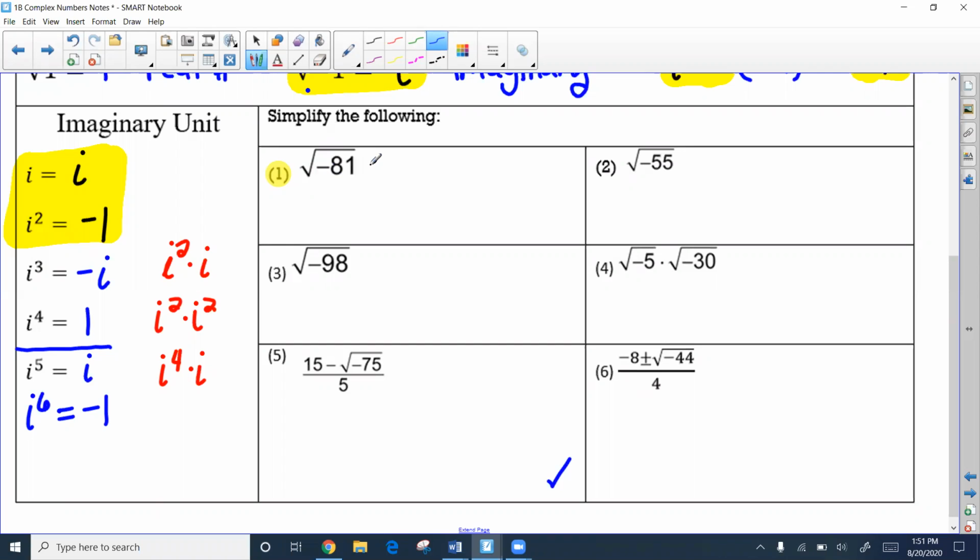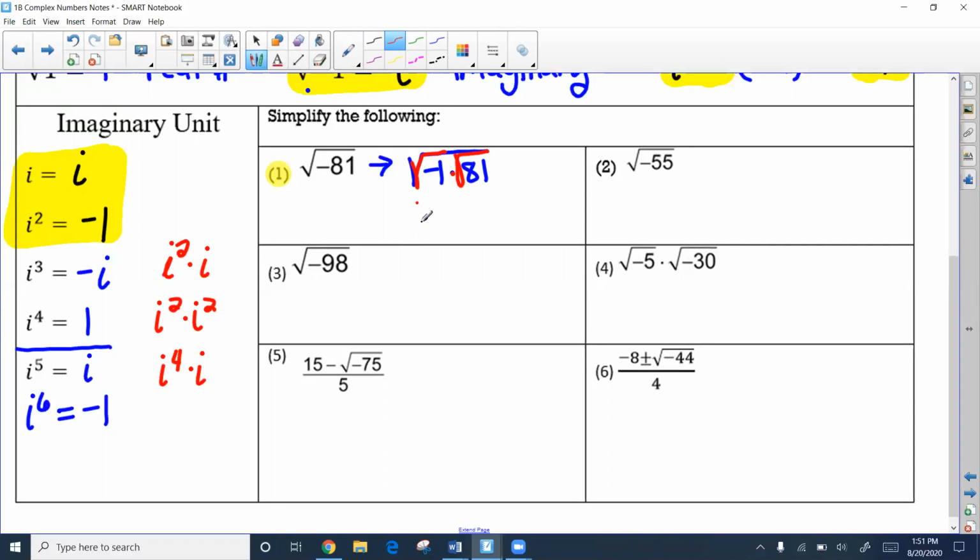Square root of negative 81 can be rewritten as square root of negative 1 times 81. So what we're really doing, the actual math we're doing, is we're rewriting the negative number as negative 1 times that number. So I have square root of negative 1 times 81. Since these are multiplied, I can put each of them under their own radical.